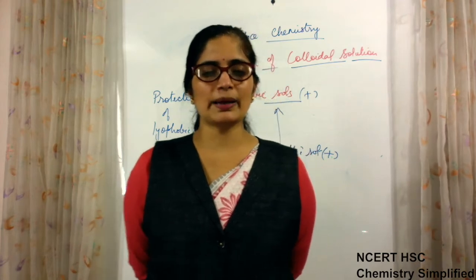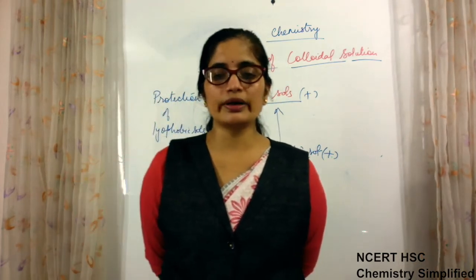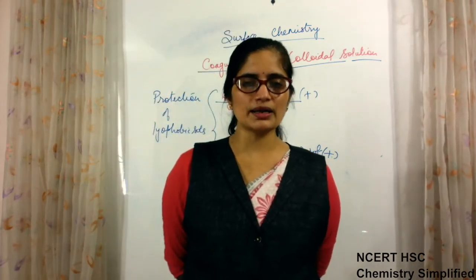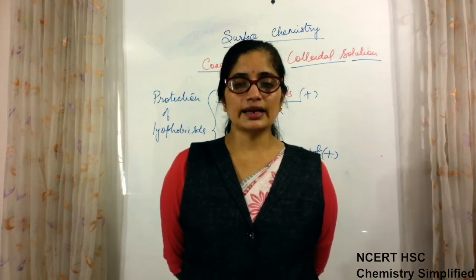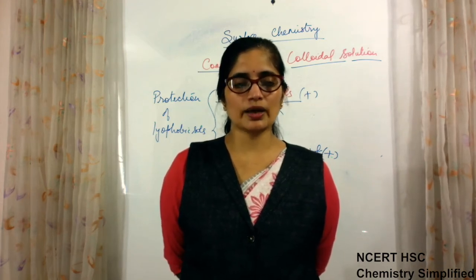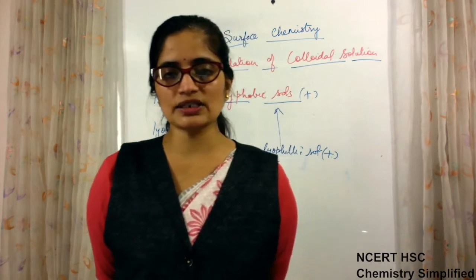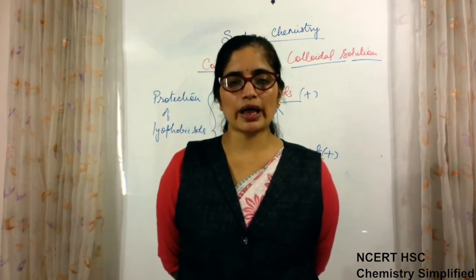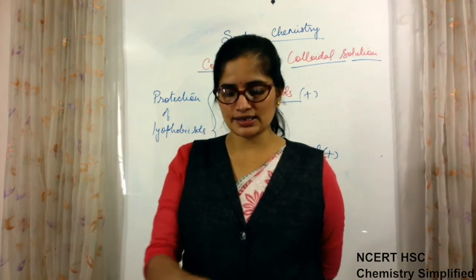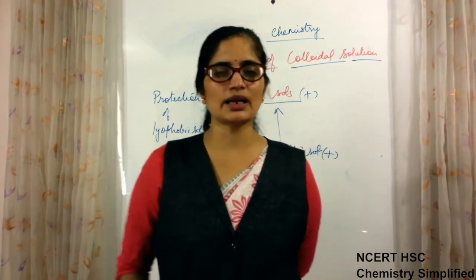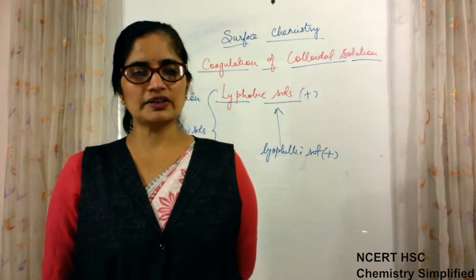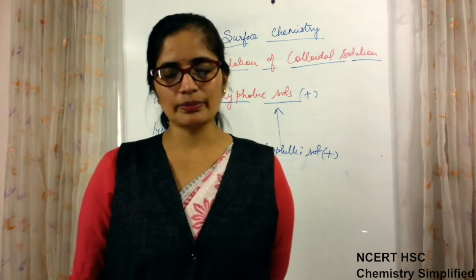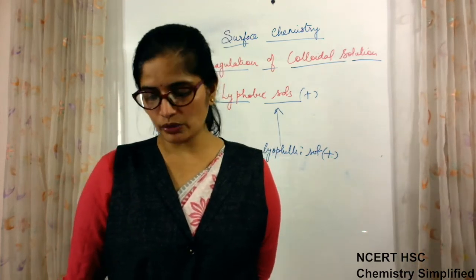Alum does not kill the bacteria present in water, only the dirt particles, because dirt particles have negative charge on them, and the alum we are using has ions of positive charge. So they get coagulated by the use of alum and form a layer at the bottom which can be separated and filtered. This is the practical use of colloidal solution.